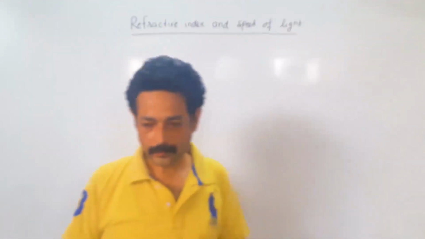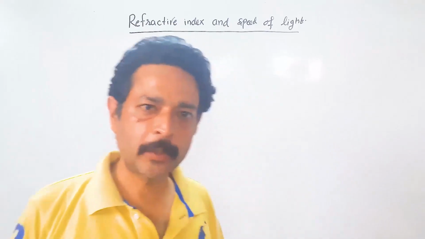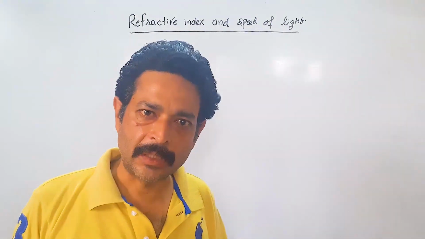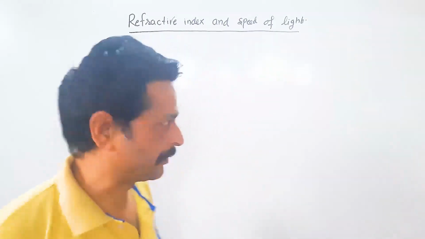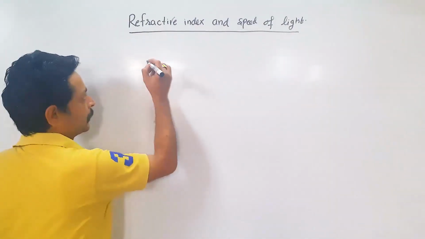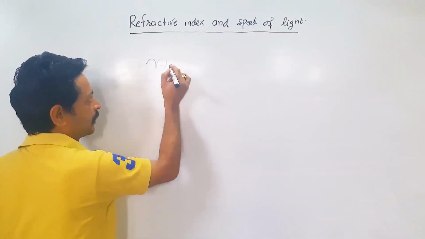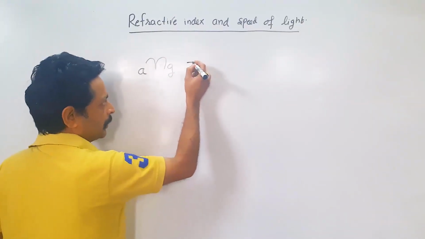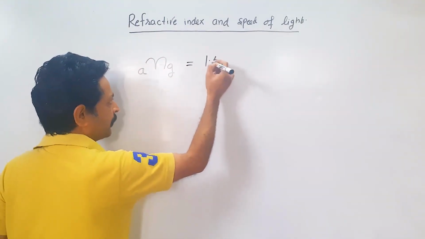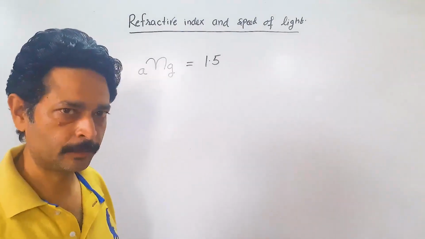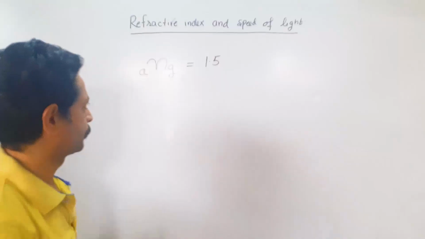Now, suppose I ask you a question. The refractive index of glass with respect to air is equal to 1.5. What is the meaning of this statement? Look here.